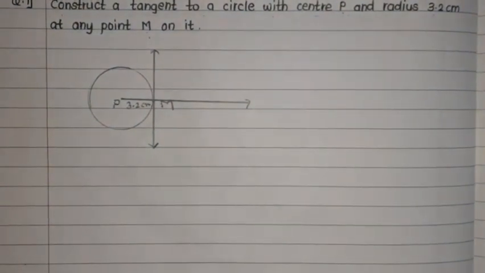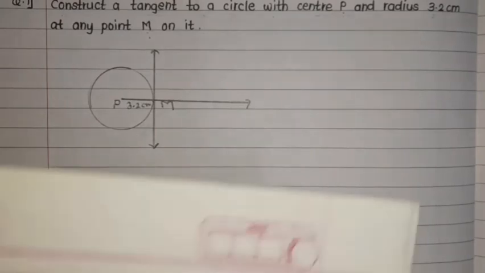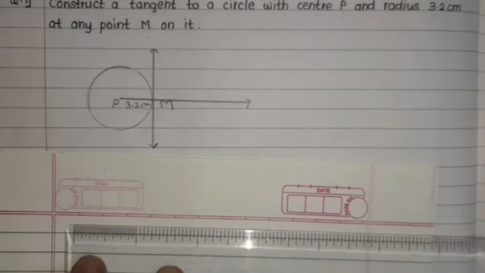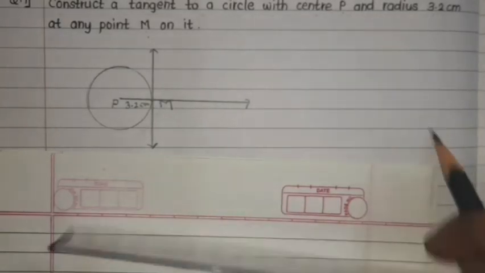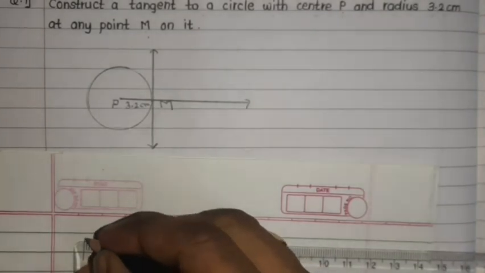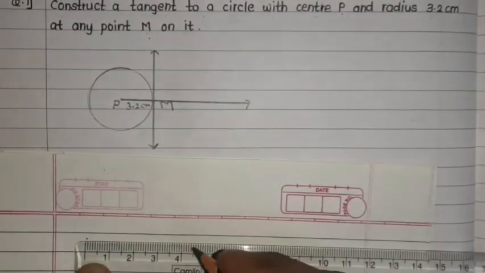Dear student, now we have to do the final figure. First of all we have to draw a circle of radius 3.2. Therefore, first we take a distance of 3.2 centimeter in a compass. For that purpose, on the scale we plot one point and 3.2.